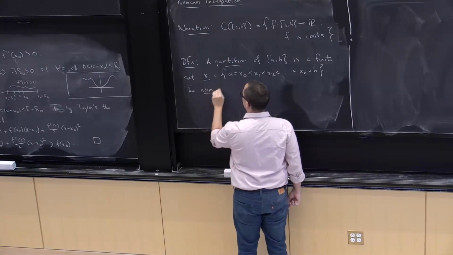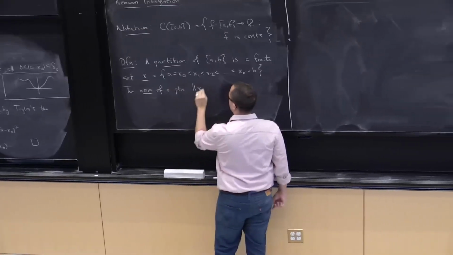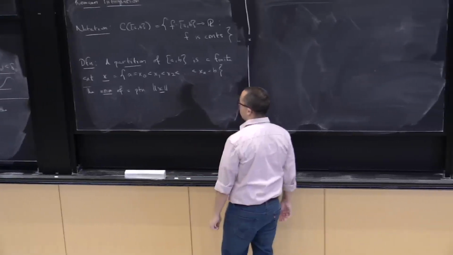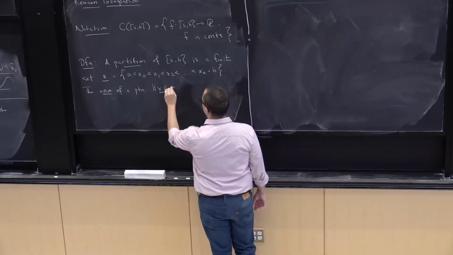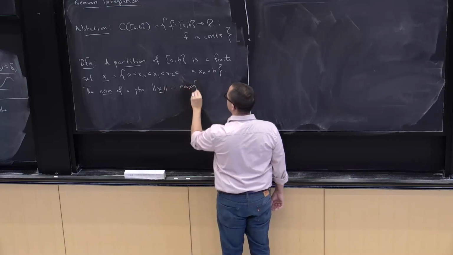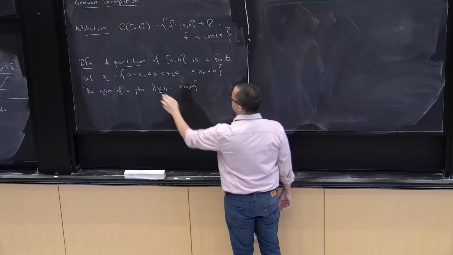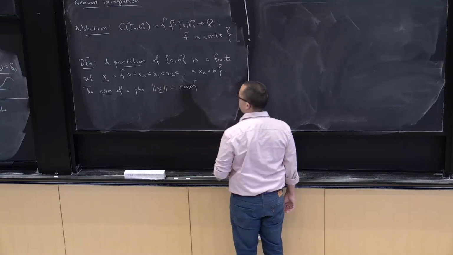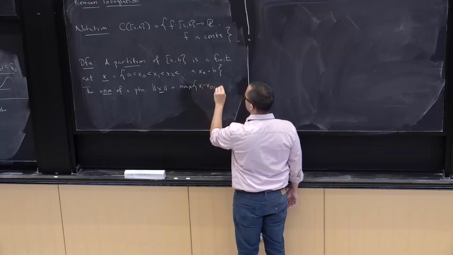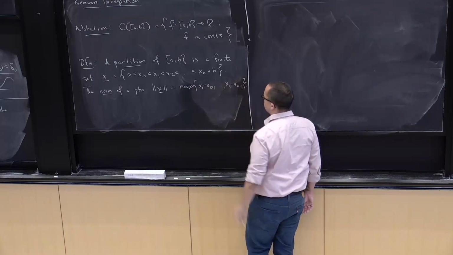The norm of a partition, which I denote with two vertical lines on either side of x underline, is by definition the max of the differences between these partition points. I refer to the points in the partition as partition points. So this is x1 minus x0, and so on, up to xn minus xn minus 1.